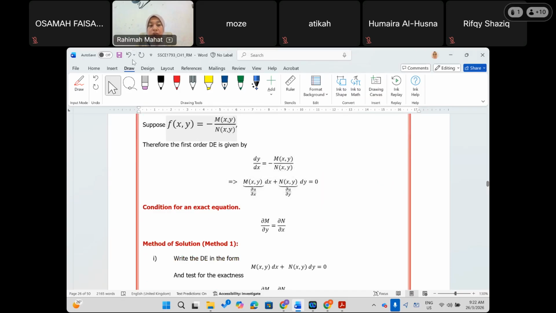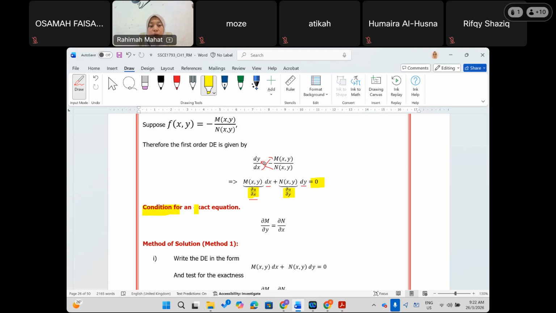You cross multiply, so you get M(x,y) dx plus N(x,y) dy, where this is ∂u/∂x and this is ∂u/∂y, equal to 0.